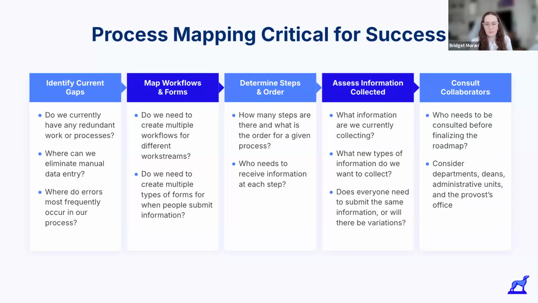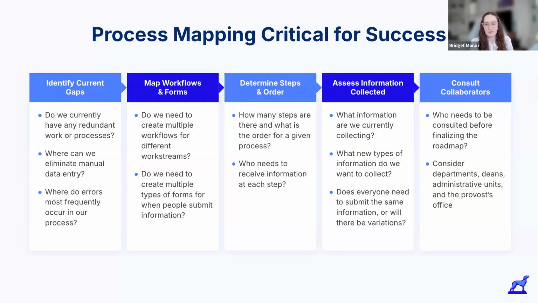When I talk with a lot of our partners, I always like to ask them, what set you up for success when you were, say, implementing a new scheduling process or a new curriculum management tool? And they almost always tell me that it's super important to map your process out before you even begin the change.